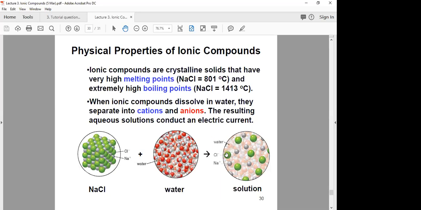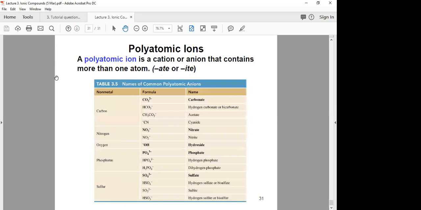The chloride anion will separate from the sodium cation, and those ions will interact instead with the water molecules. Just one property of water that makes it an incredible solvent, the most versatile solvent on the planet. Once again, we will talk more about what we refer to as solvation in a later lecture in more detail.